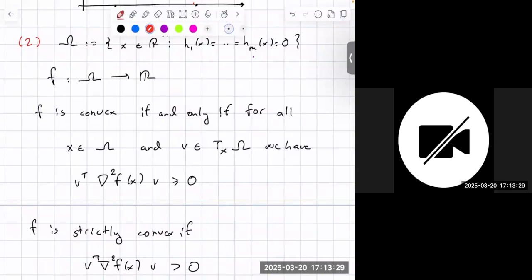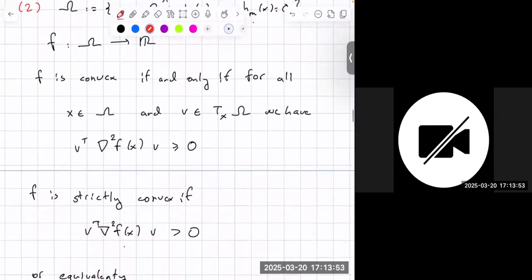You should always get a non-negative number. That's convexity. If you always get positive, it's even better. You call it strictly convex. That type of function behaves much nicer. For example, the L2 norm, the standard Euclidean norm, is strictly convex. That's why when you regularize something with L2, it starts behaving much nicer, like it becomes closer to behaving like a convex function, essentially. All right, so far so good.